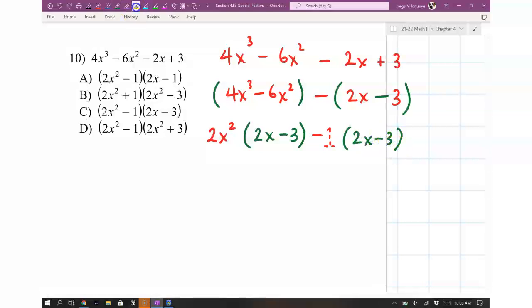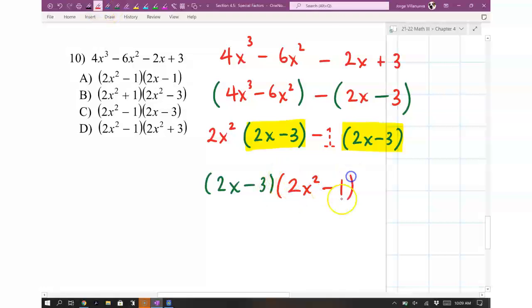So let me highlight that just to make a point, notice how they match. So I'm going to get those matching things. I'm going to rewrite it here. 2x minus 3. And what's left over? All right, 2x squared minus 1.